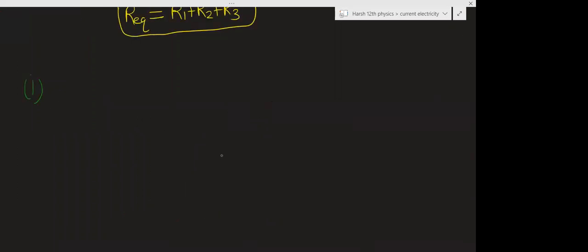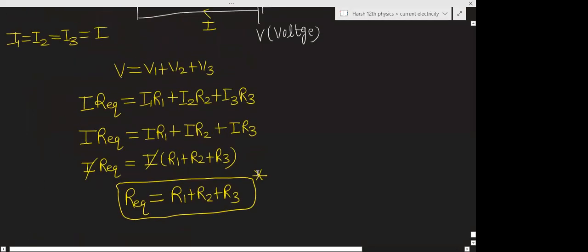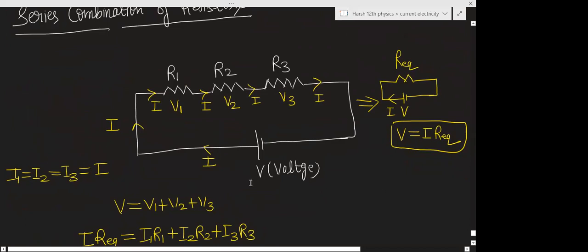So if I want to calculate the total voltage, I will represent total voltage with V suffix T. Harsh, please tell me what is the total voltage here?